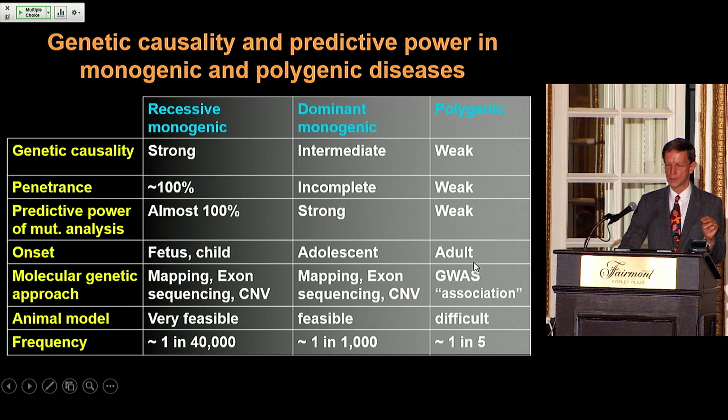And these association loci often show a weak relationship between this gene locus and the likelihood or the penetrance of disease. Animal models are very feasible in mouse knockout and zebrafish knockout for recessive diseases, and are difficult to generate for polygenic diseases. Recessive diseases are very rare. Polygenic causes will probably turn out to be more frequent, but it's still very hard to show cause-effect relationships there.